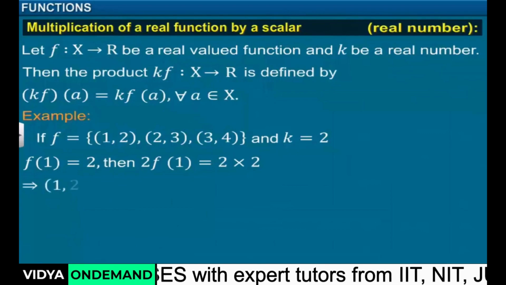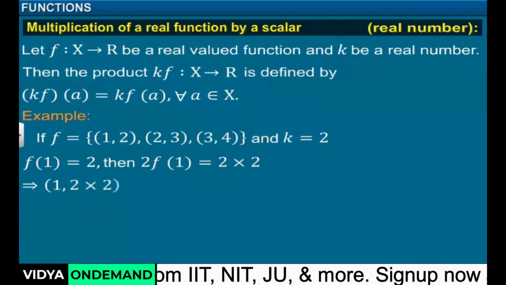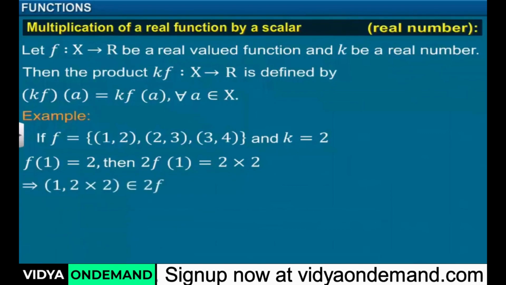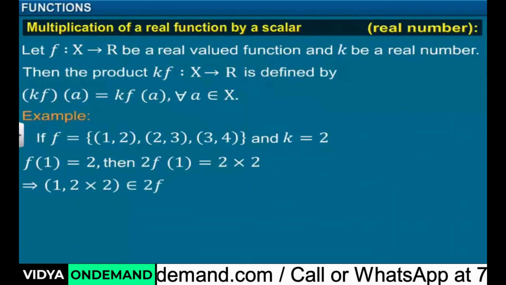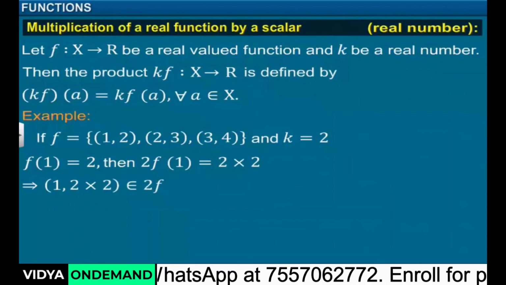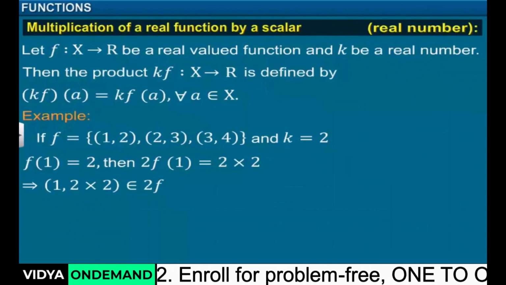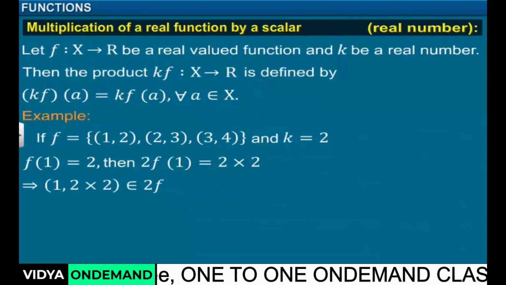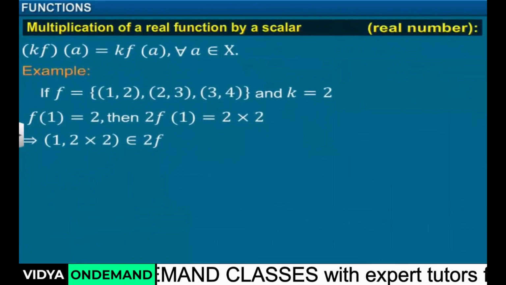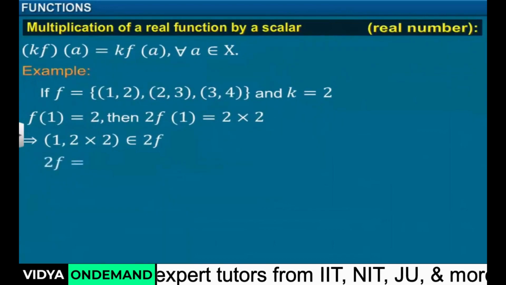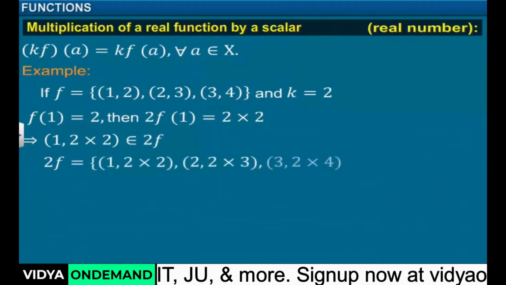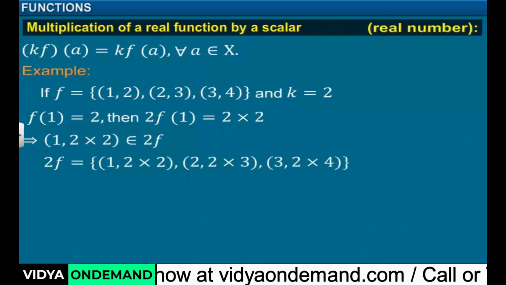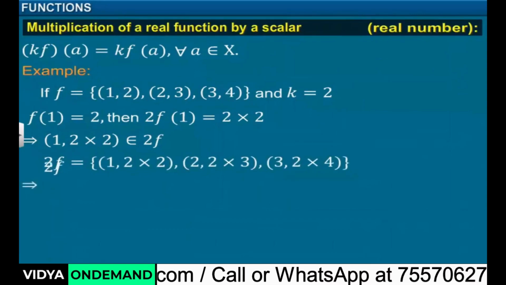Similarly, you can get 2 more ordered pairs. Hence, set 2f has 3 ordered pairs: (1, 4), (2, 6), and (3, 8).